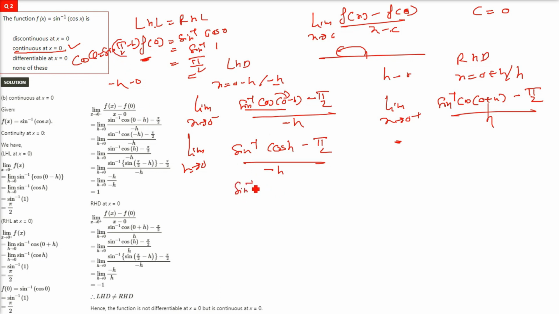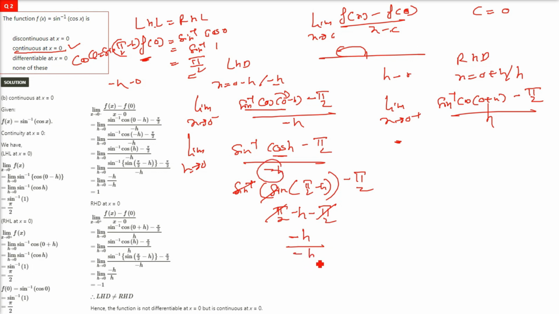So cos h you can write as sine of pi by 2 minus h, minus pi by 2. Pi by 2 minus h minus pi by 2, the pi by 2 terms cancel out, and minus h by minus h is going to be 1. So limit h tends to 0, you have 1 here.